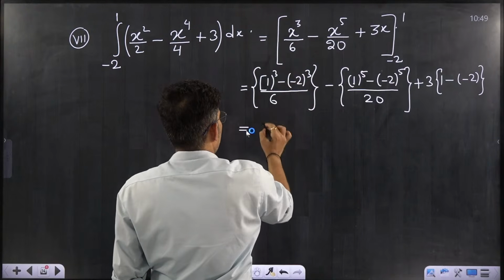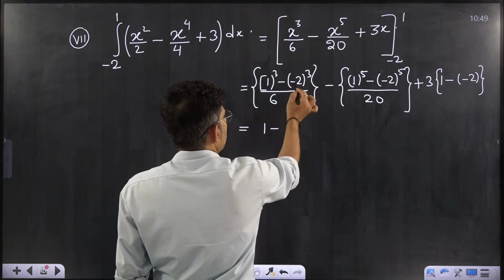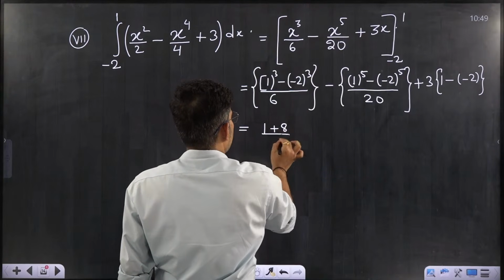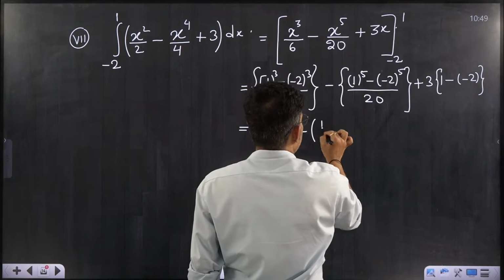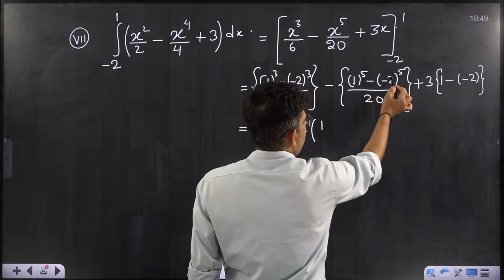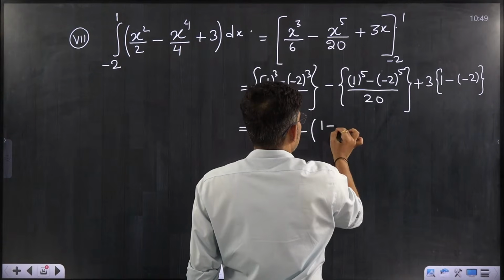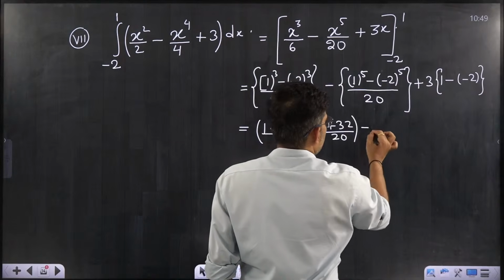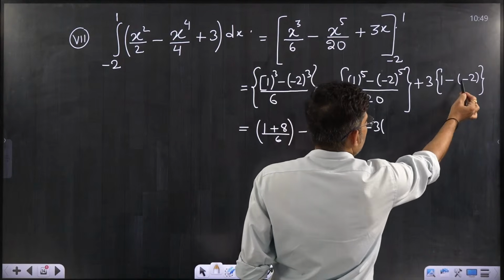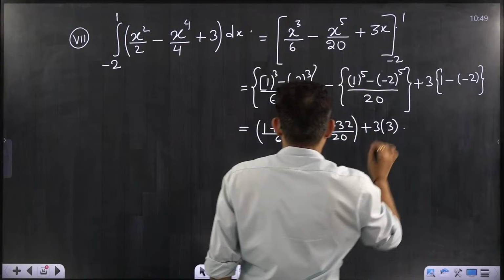So you have 1 minus of minus, plus 8. 1 to the power 5 is 1, -2 to the power 5 is -32, but here we have one more, so plus 32 by 20, plus 3 times 1 plus 2, which is 3.